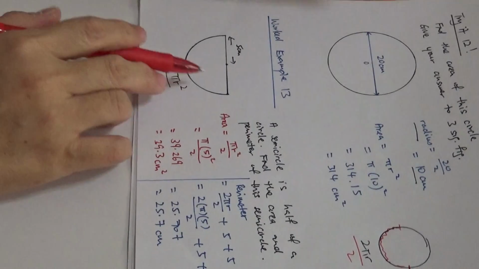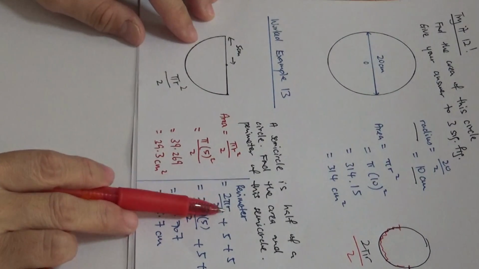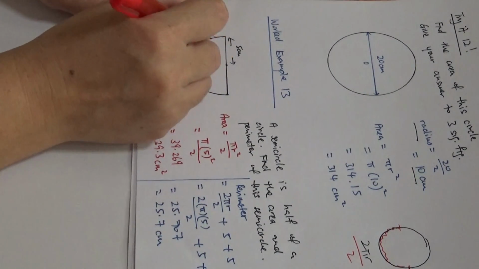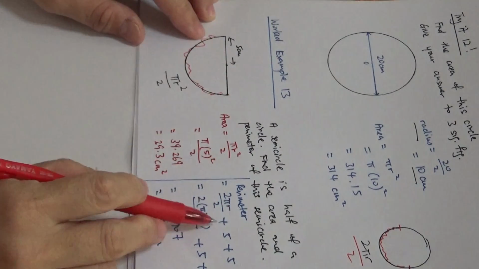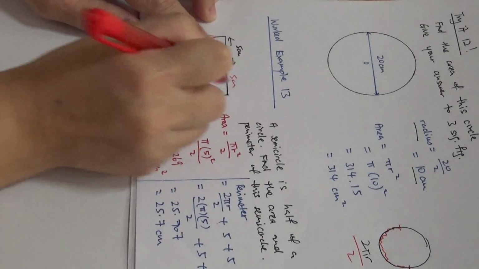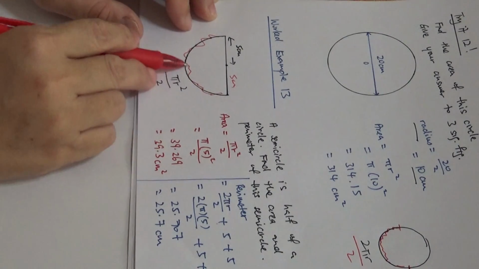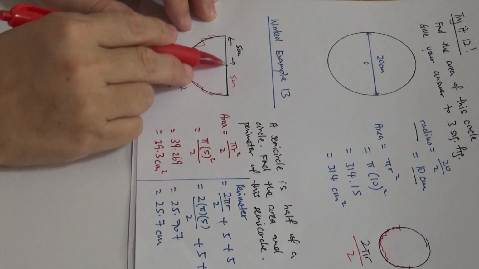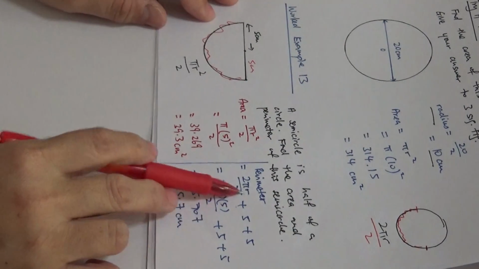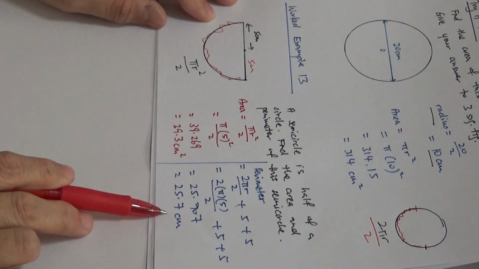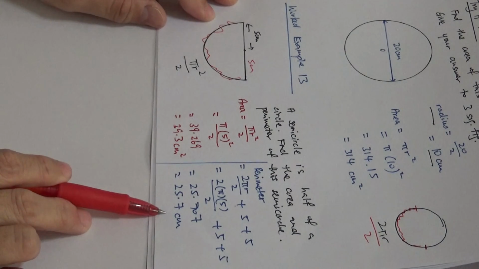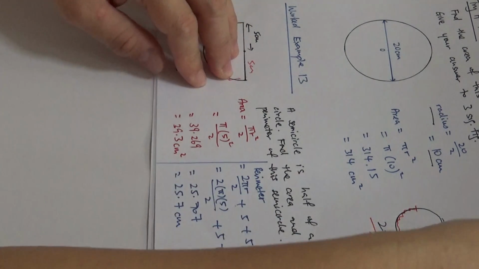So look at the perimeter of this figure. It will be 2 pi r over 2, which measures this length, plus 5 here, plus 5. It must be the whole boundary. So it's 2 pi r divided by 2, plus 5, plus 5. So I substitute in, and I get the answer. So this will be the perimeter and area of this particular semicircle.